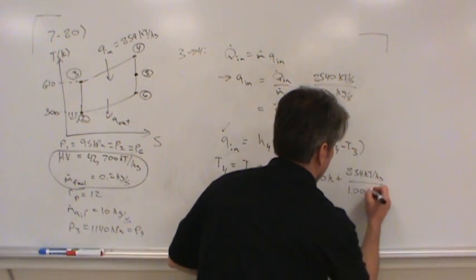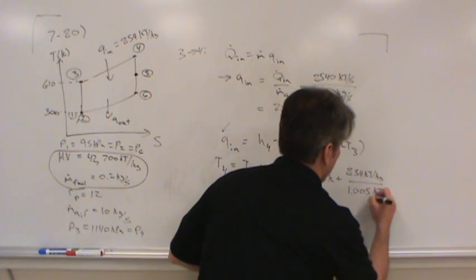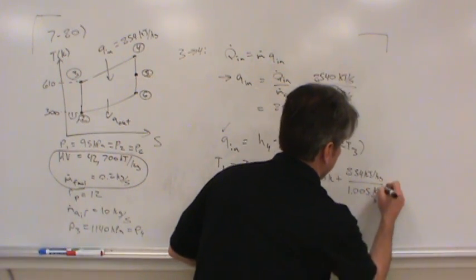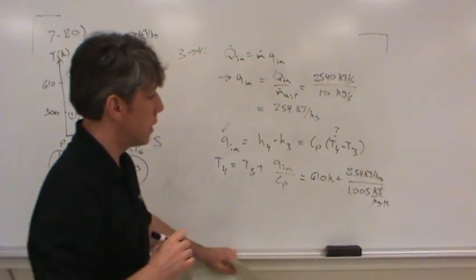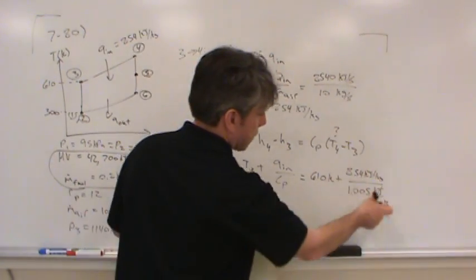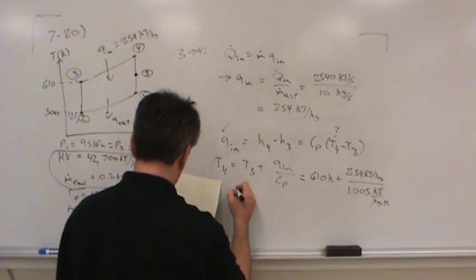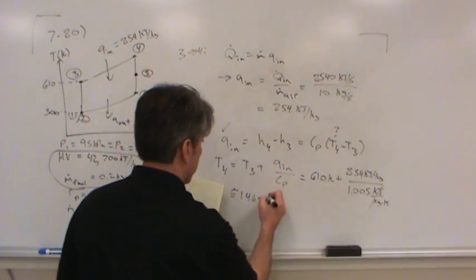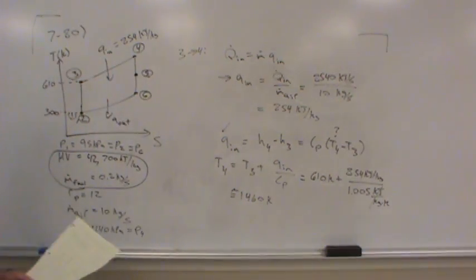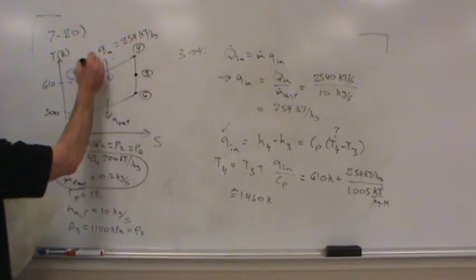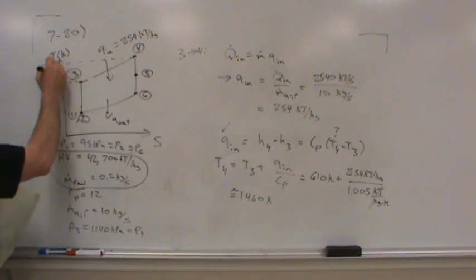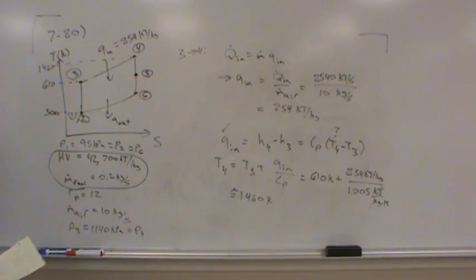Good job. 1.005 kilojoules per kilogram per Kelvin. So the kilojoules and kilogram go away, and we just have Kelvins of change plus Kelvins. Put all that together, you find that the temperature in state 4 is about 1460 Kelvin. I think I started rounding these off at some point. So there's the temperature of state 4.